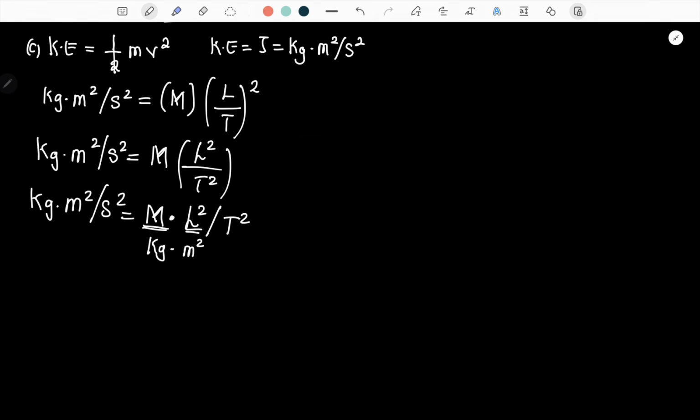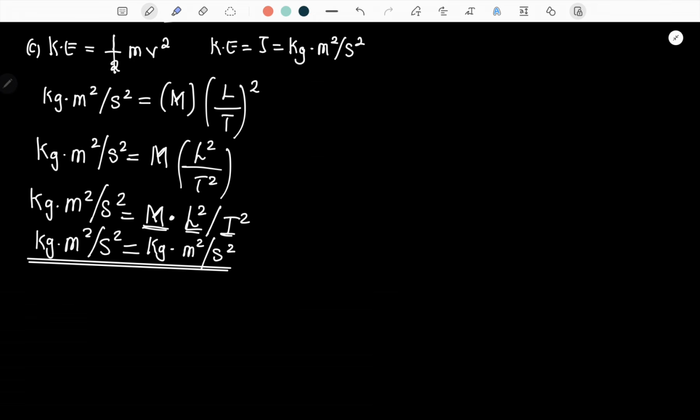This is the period. The units are second to the power 2. So have you seen that in units, it's just one and the same thing? What you have on your right hand side and your left are the same. You can use this as your proof.